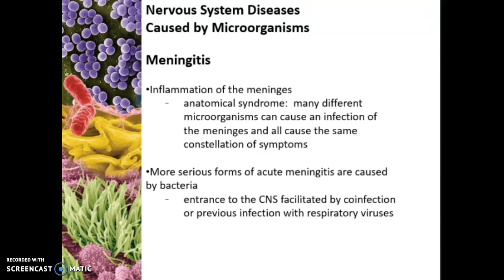Some of the symptoms are very similar to each other, and it's difficult to immediately identify what the causative agent is. It is important to identify that causative agent, as treatment options may vary depending on the organism. Generally, the most serious forms of acute meningitis, those that come on quickly, are going to be caused by bacteria.